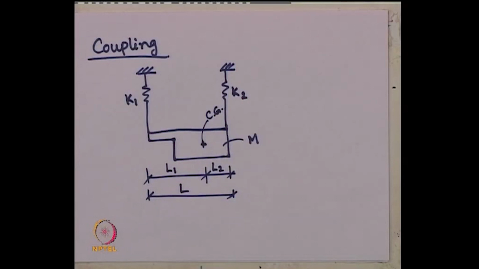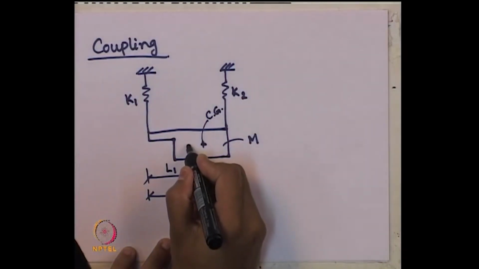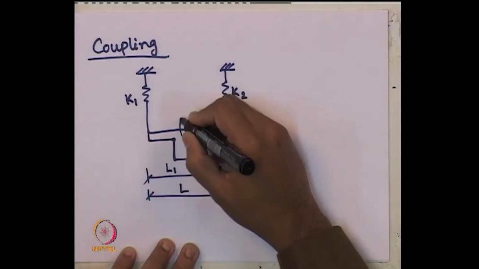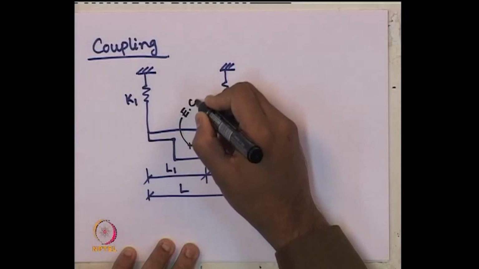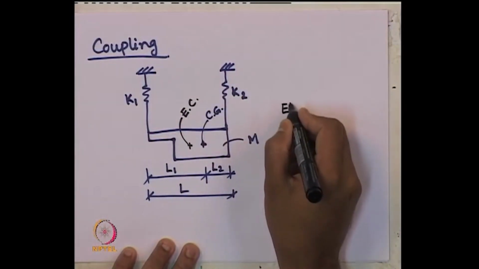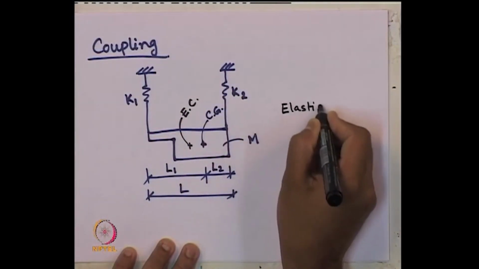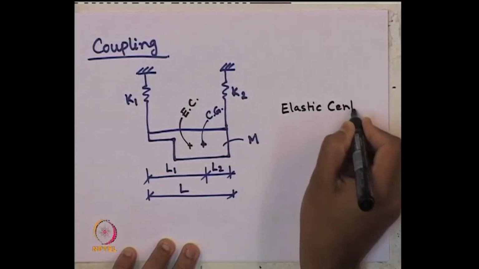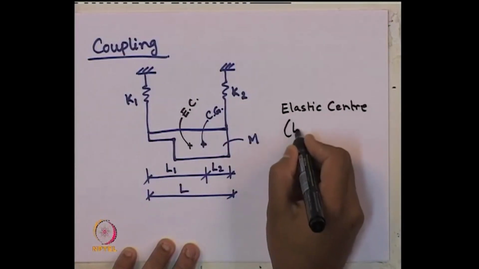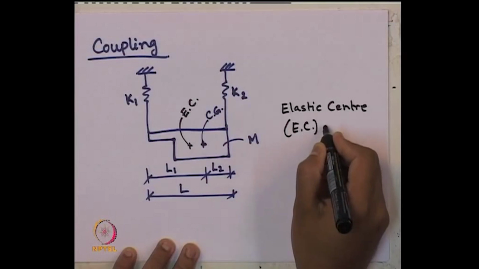Now, these two springs are connected in such a way that the elastic center of the system is here. So, this point is EC. What is EC? Elastic center. How is the elastic center defined?